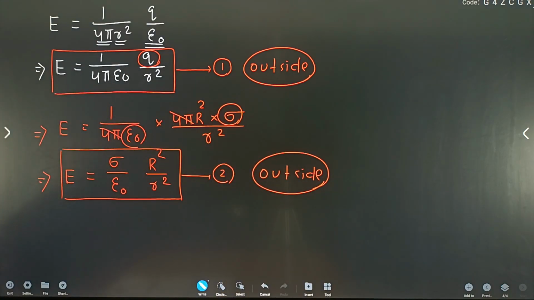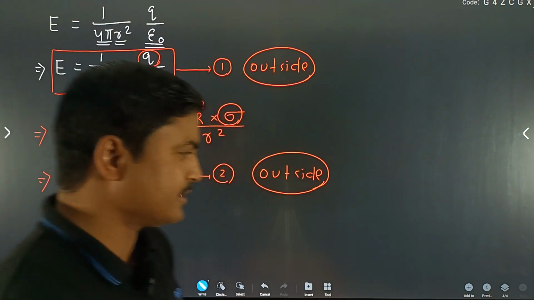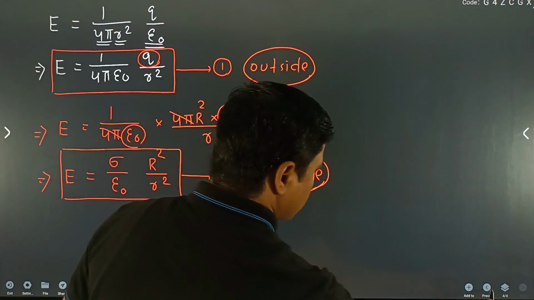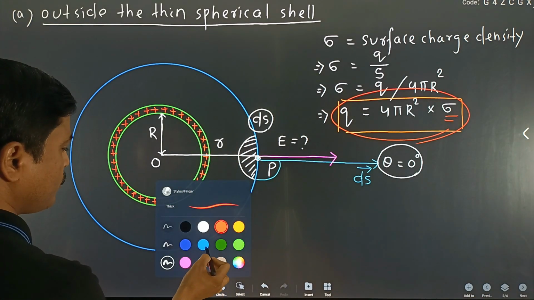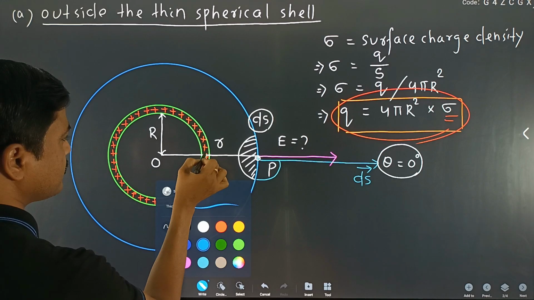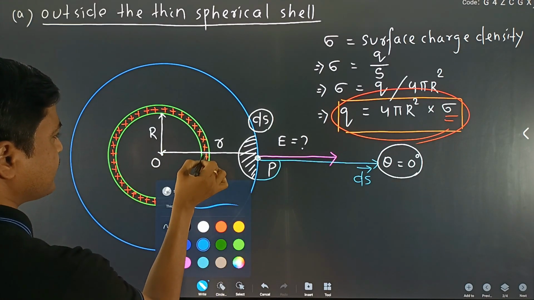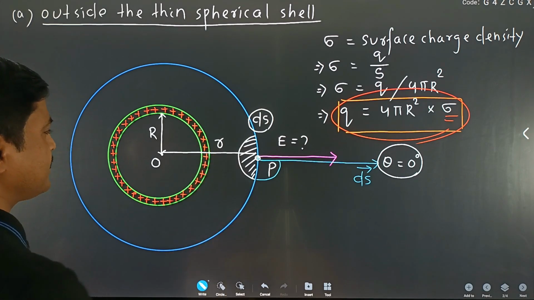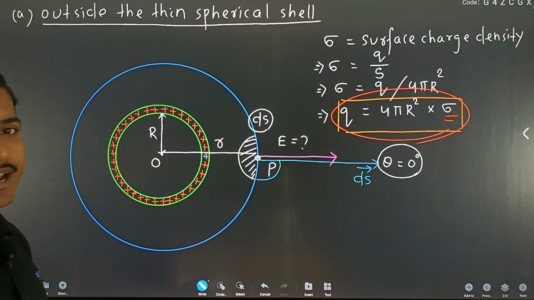Clear? And second case, suppose on the thin spherical shell, means we take the observation point at this point. This is the case of on the thin spherical shell, and at this point, what is the value?